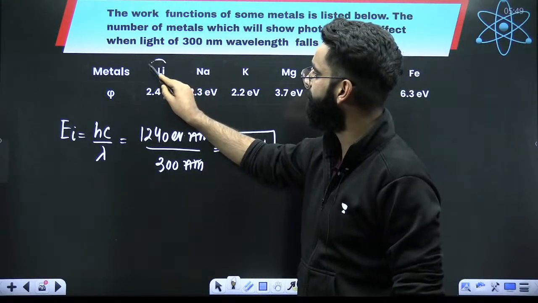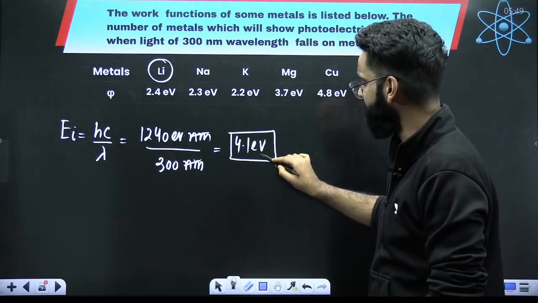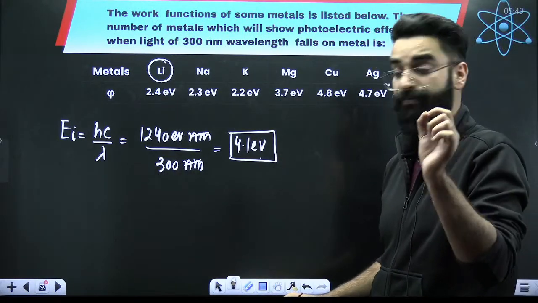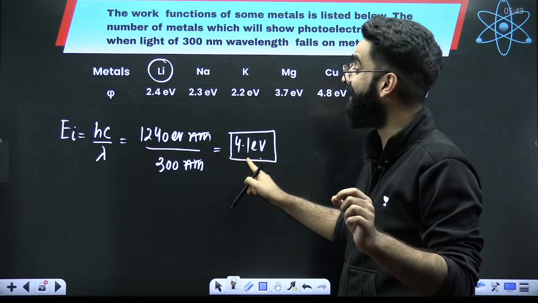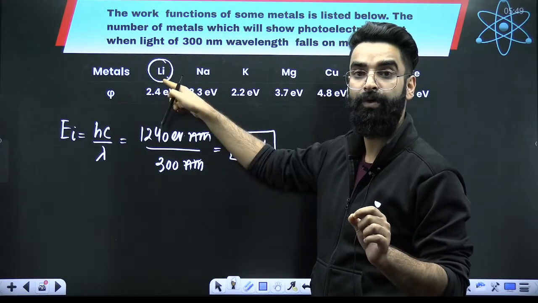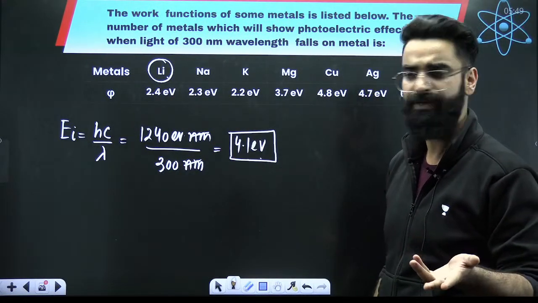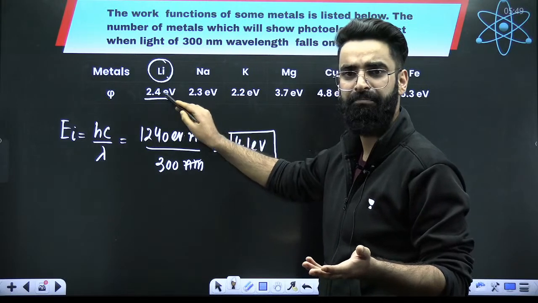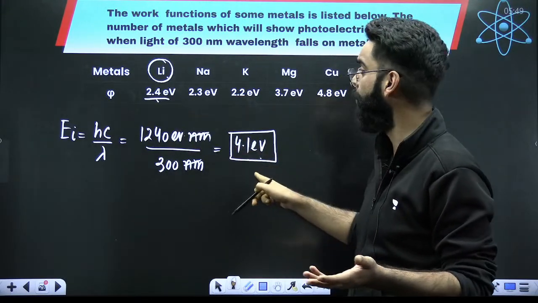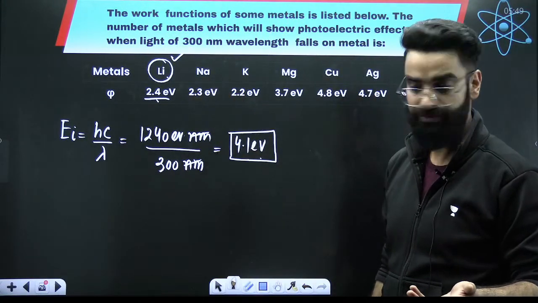Now you have got lithium, right? Now, my dear students, imagine the photon carrying this much energy is incident on lithium. Will photoelectric effect happen? Absolutely it will, because the threshold here is less. Minimum this is required, but you're supplying more, right? So here, photoelectric effect will be observed.